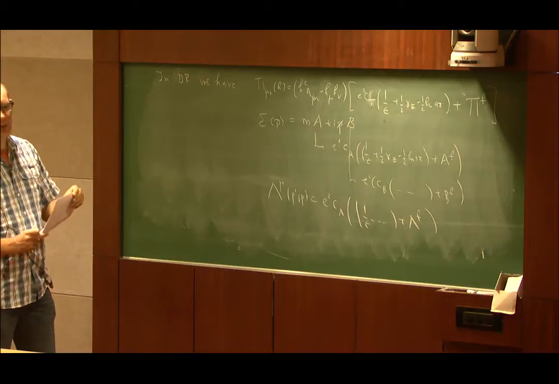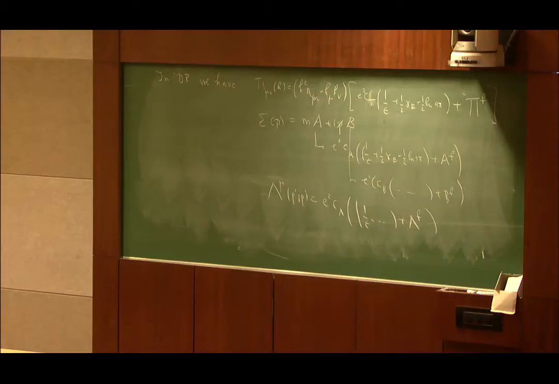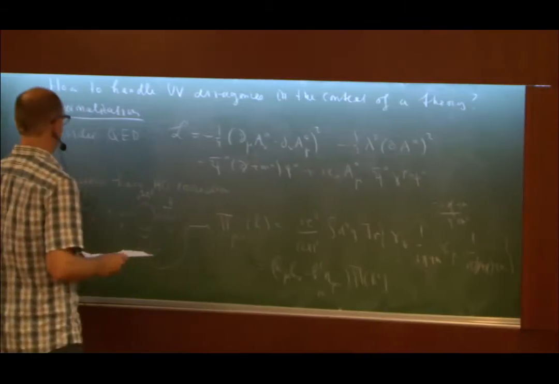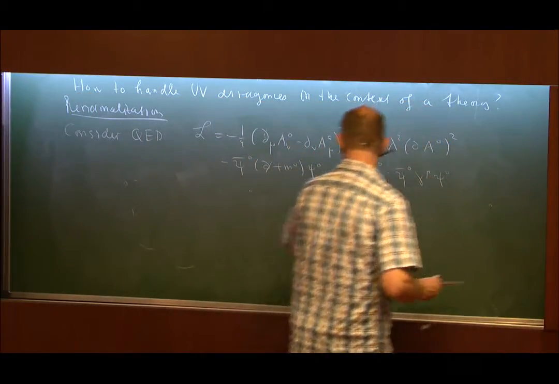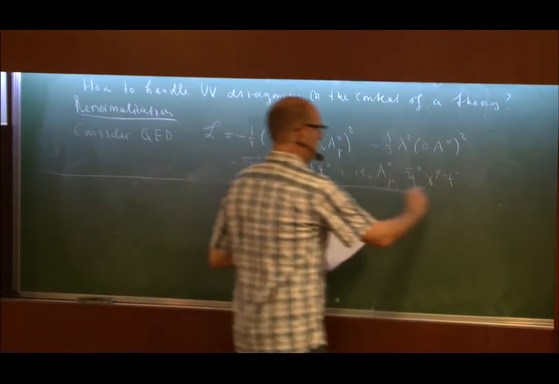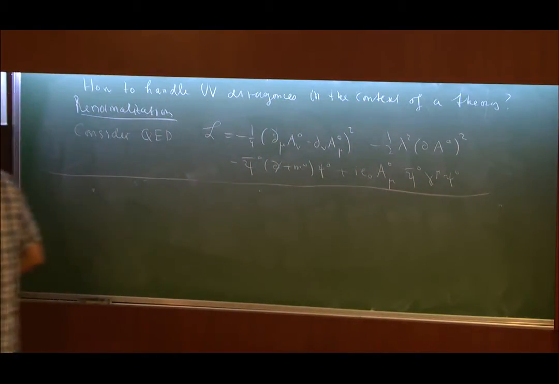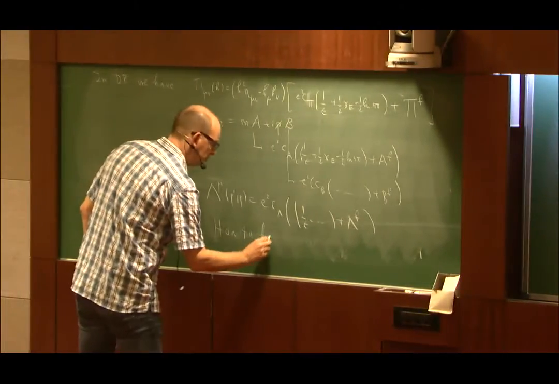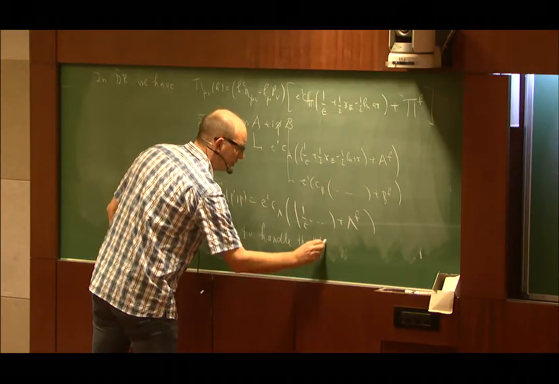So now comes the big trick. I'd like to keep this Lagrangian on the board, so I'll just use it. Make sure I don't erase. So the question is how to handle these divergences, the 1 over epsilons.